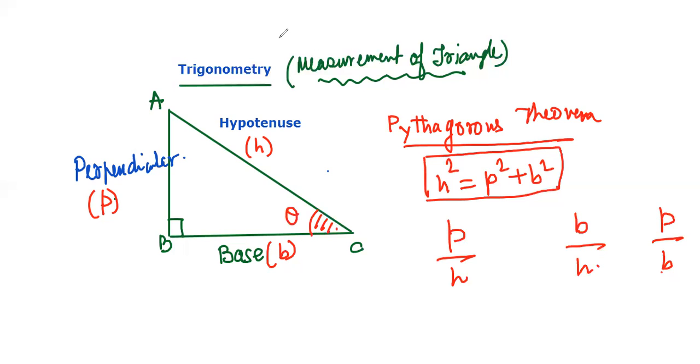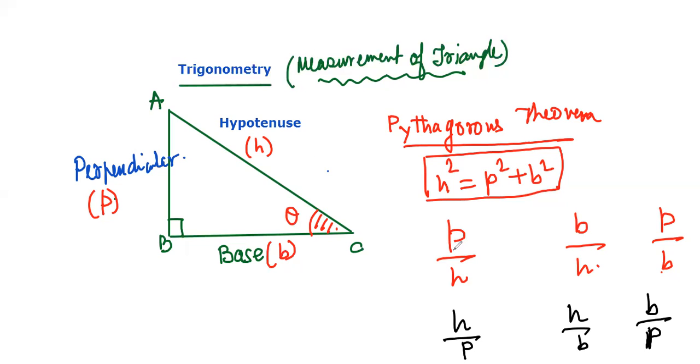Also, I can just write the reciprocal of that. So that is hypotenuse by perpendicular, I can write hypotenuse by base, and I can write base upon perpendicular. So these are the 6 ratios of the two sides, taking two sides at a time.